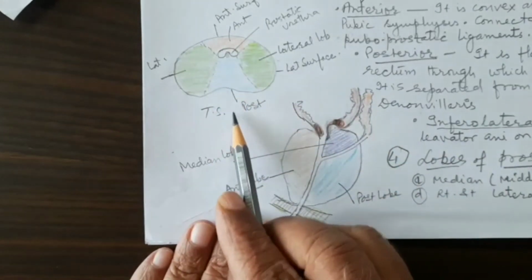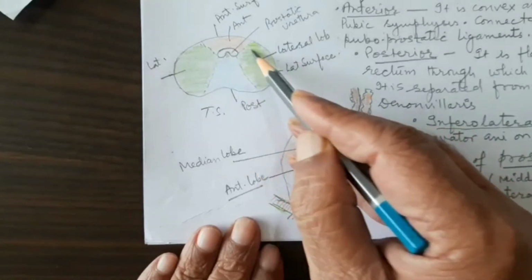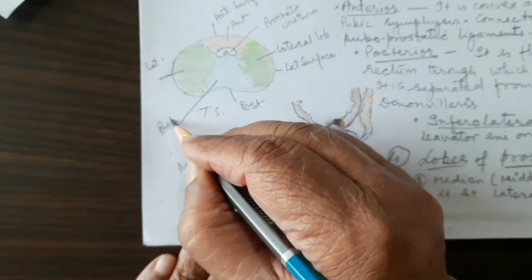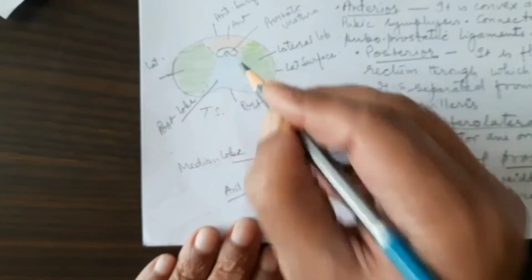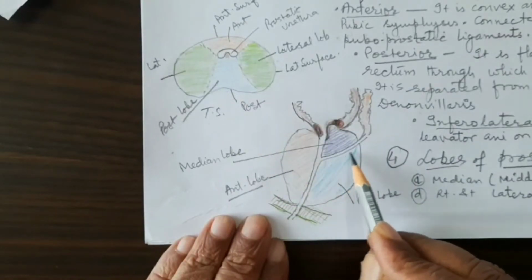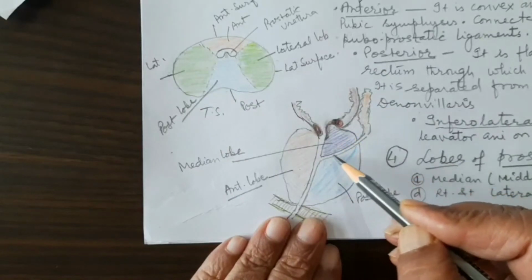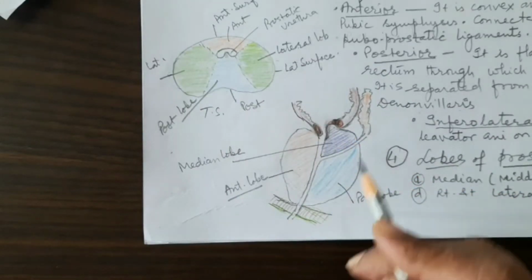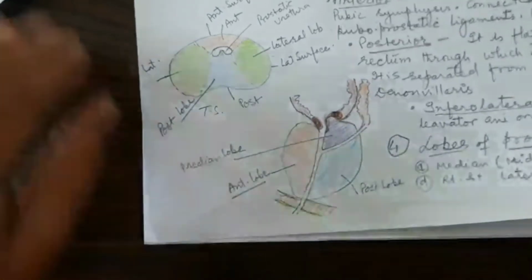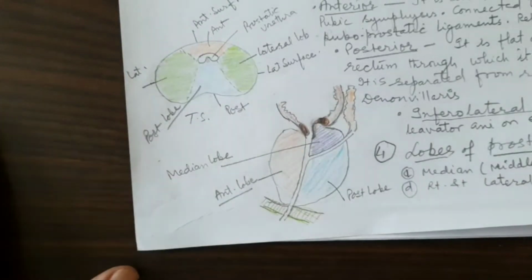Here the posterior lobe is seen. So the 2 lateral lobes, posterior lobe, anterior lobe. Only 1 lobe is not seen in the transverse section, because this section was passing below the ejaculatory duct, and above this area is the median lobe. So now you have understood that there are 5 lobes.